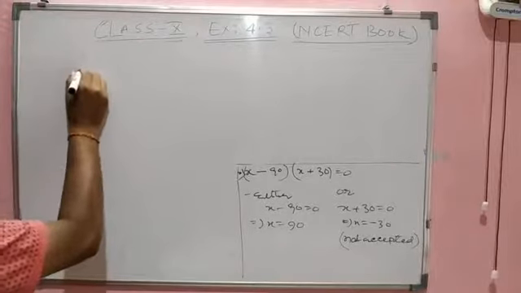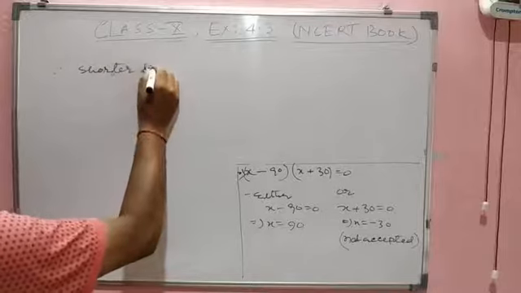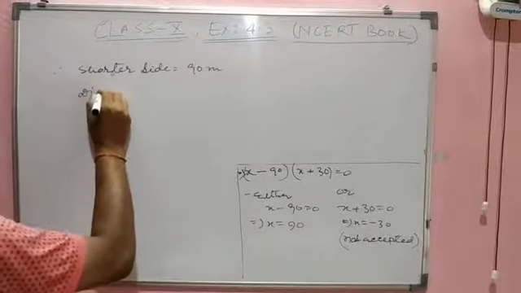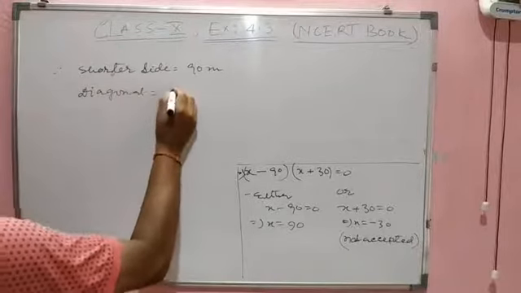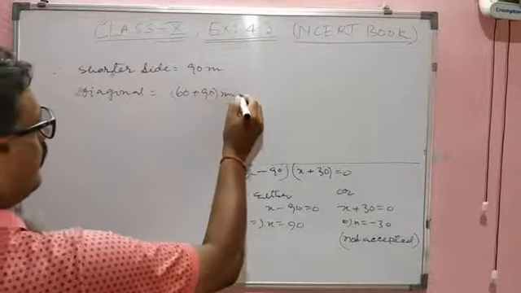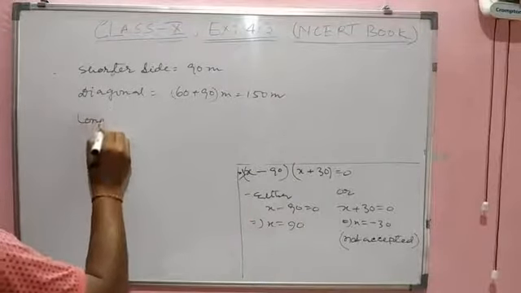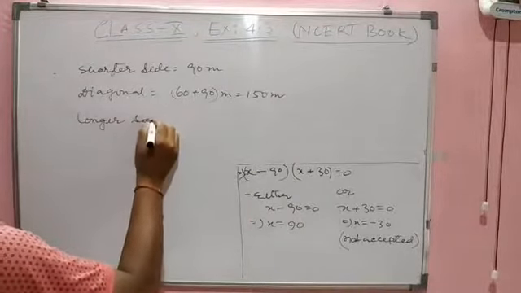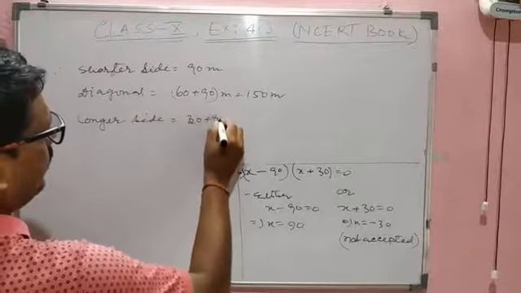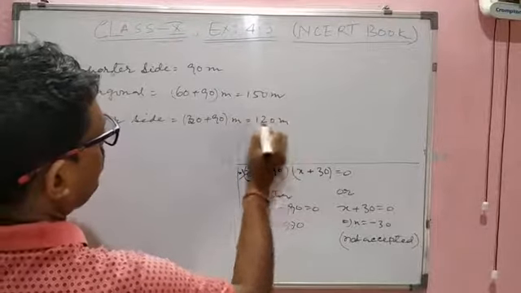Therefore the shorter side equals 90 meter. The diagonal equals 60 plus 90 meter, that is 150 meter, and the longer side equals 30 plus 90 meter, that is 120 meter.